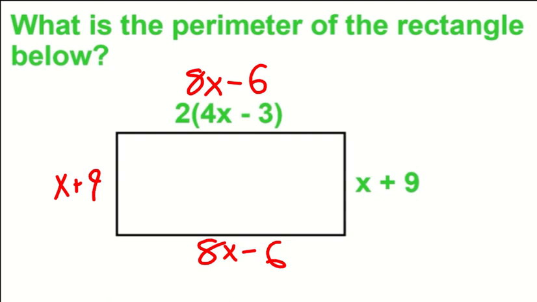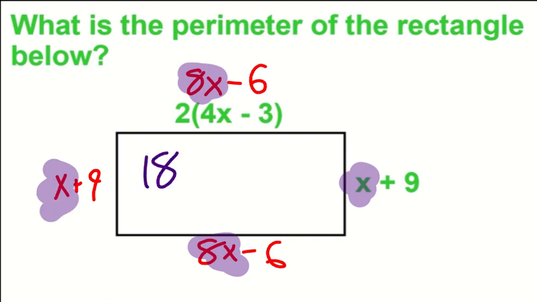Now all we're doing is we're combining our like terms. X's with x's, non-variables or constants with constants. So I can combine 8, 8, that's 16, plus 1x, plus 1x, that makes 18x.